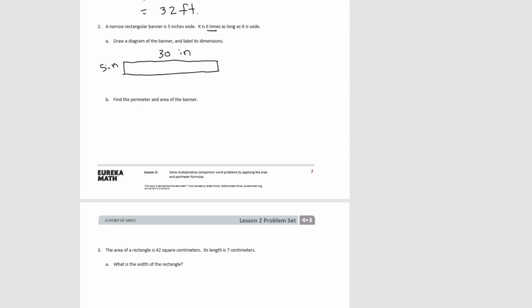Then it says to find the perimeter and area of the banner. So to find perimeter, we could do 2 times length plus width. So 2 times 35 would give us 70 inches.